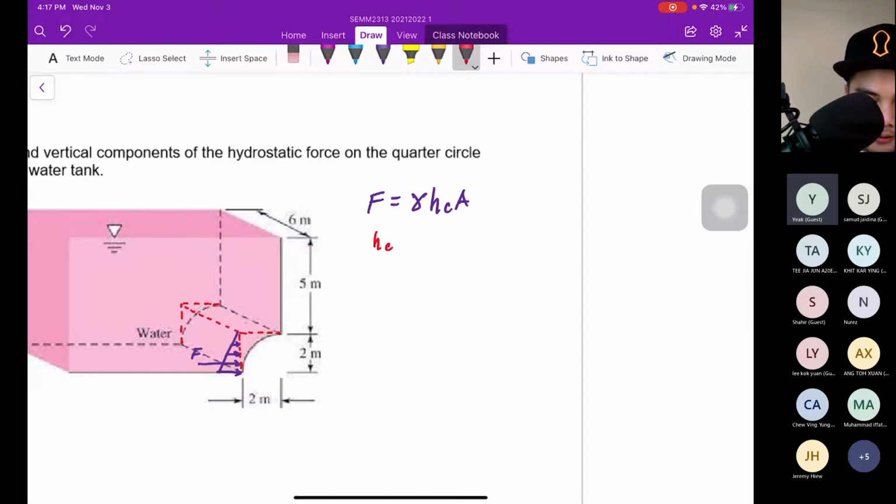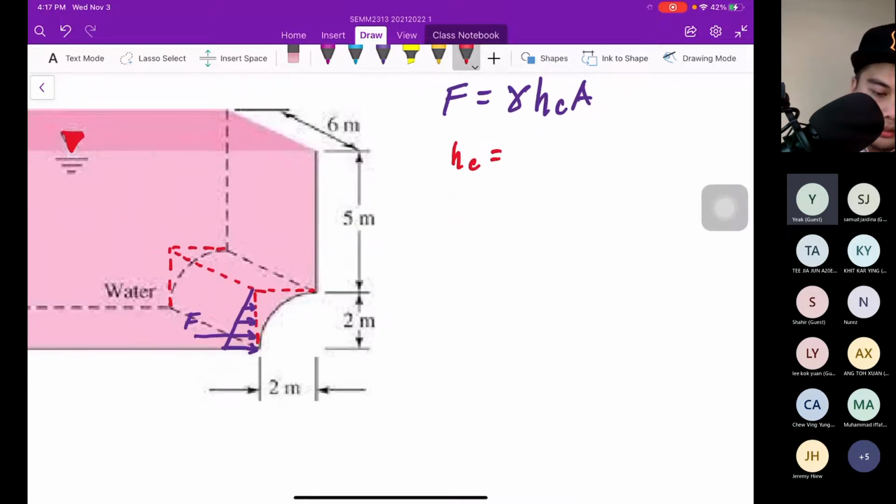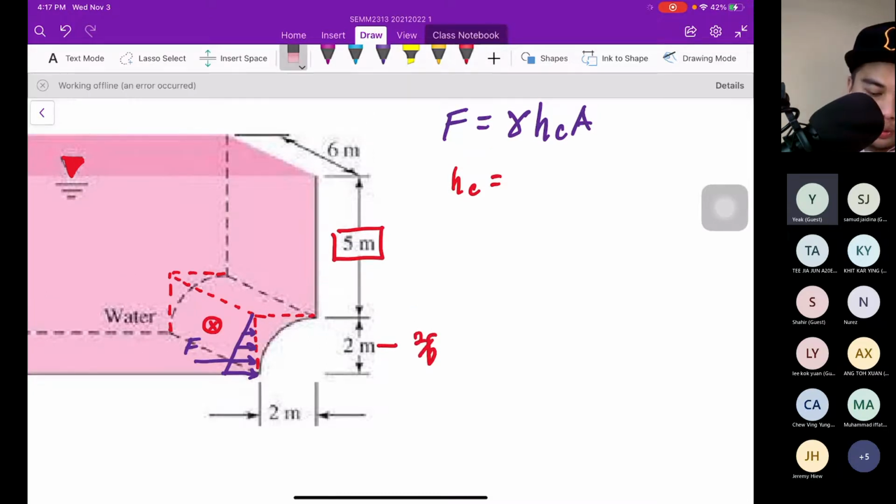The hc is from the surface, from this datum, to the centroid of the plane. This is our centroid. So 5 meters plus half of this width, which is 2 over 2, you will get 1. So this is half.